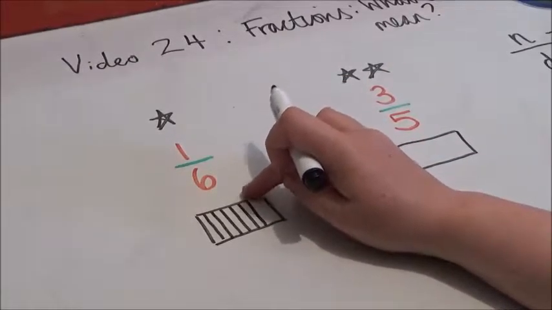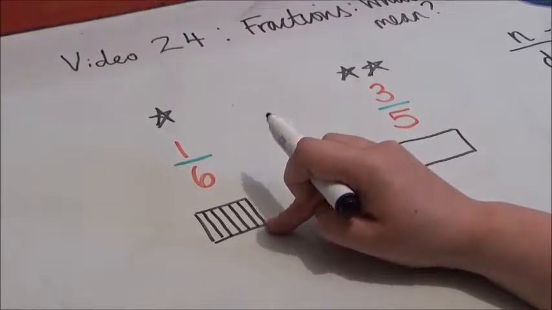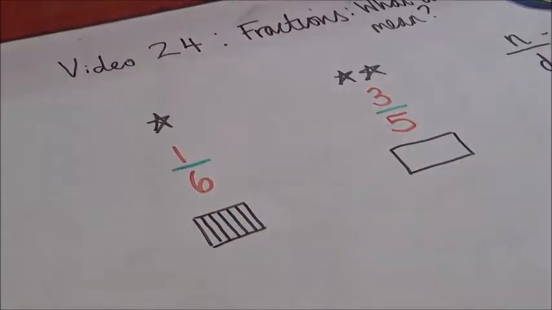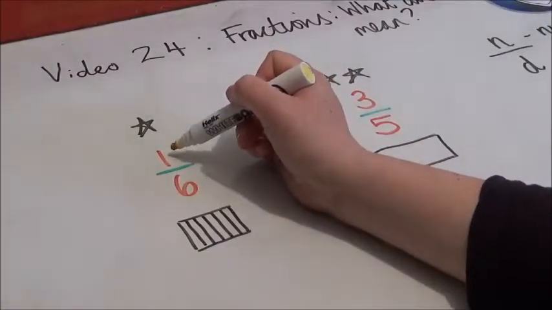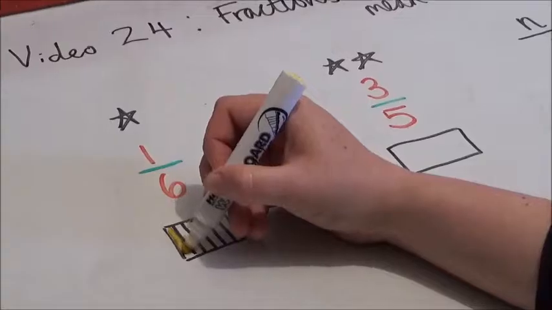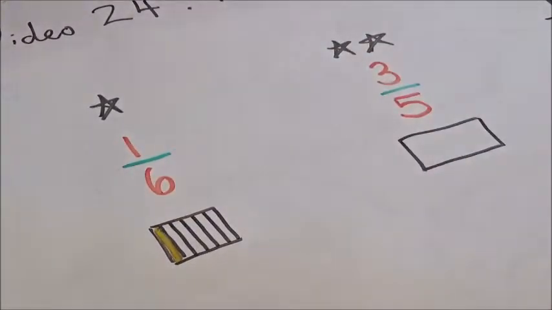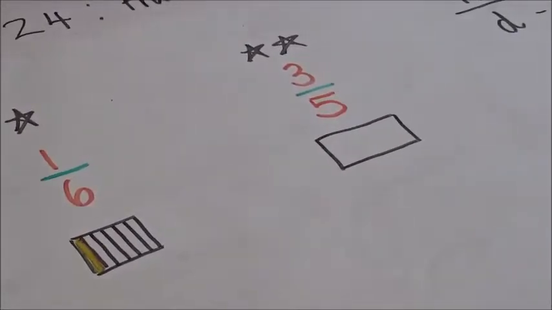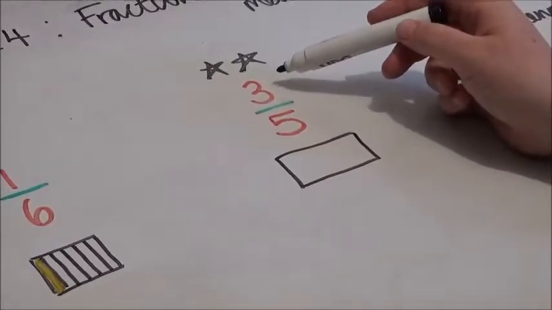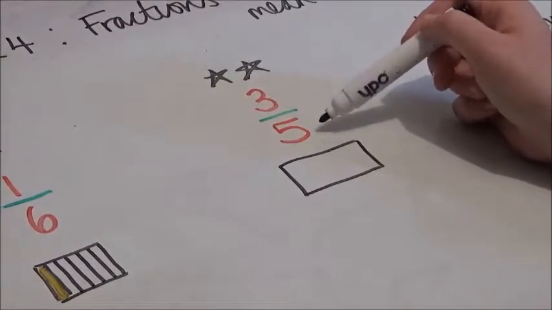Hopefully you did yours on a whiteboard. 6. And we're looking at just one of those pieces. Remember, you could have coloured in any of these just as long as you just coloured in one of them. And this one here, 3/5.